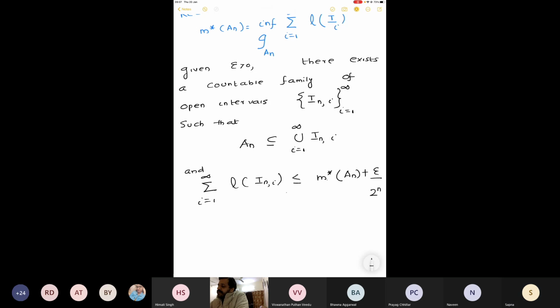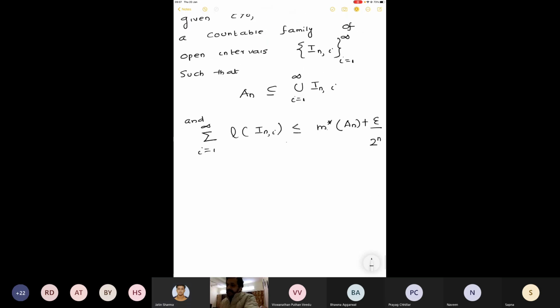Yes, sir. Now, I_{n,i}, i varying from 1 to infinity, is a countable family that covers a fixed A_n. Now, from that, can I get a countable family covering the union of A_n? Yes, sir. What will that be? Unions of the I_{n,i}. Yes, right? So let me write like this.